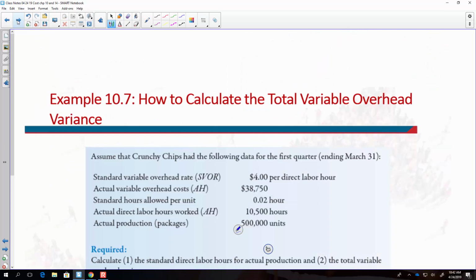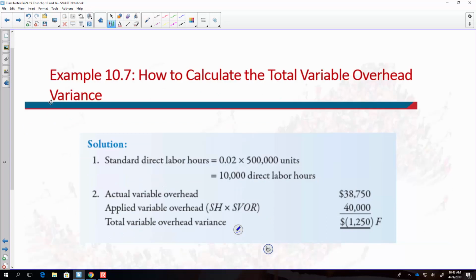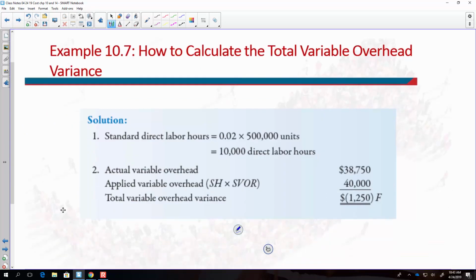We are going to use the columnar approach, which I give the templates out, and exercise or example 7 is on page 544. We again will be distinguishing between favorable and unfavorable variances. This designation, favorable and unfavorable, did catch a few of you on the last test. So just try to be careful. Make sure you're going in the right direction.